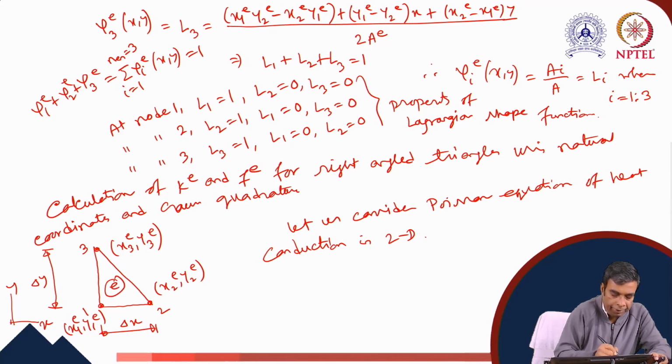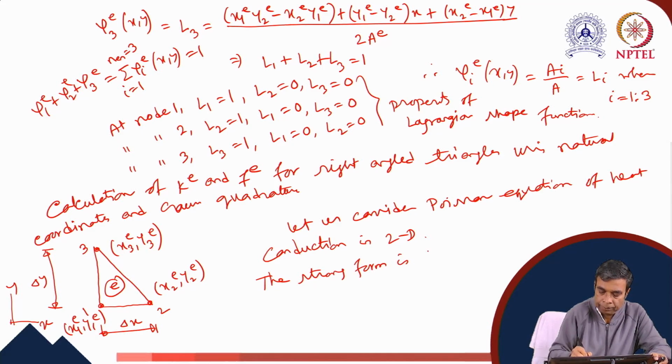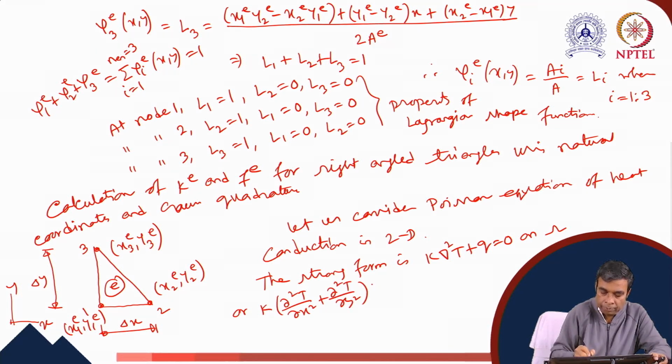So this is element E. The strong form is k del square T plus Q equals 0 on omega, or k into del 2T del x2 plus del 2T del y2 plus Q equals 0.